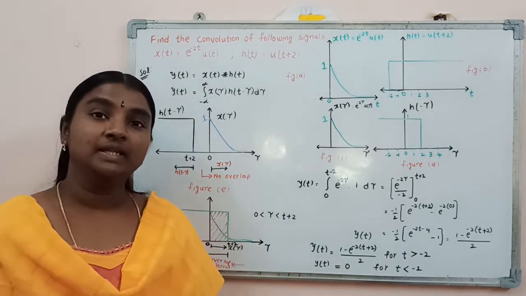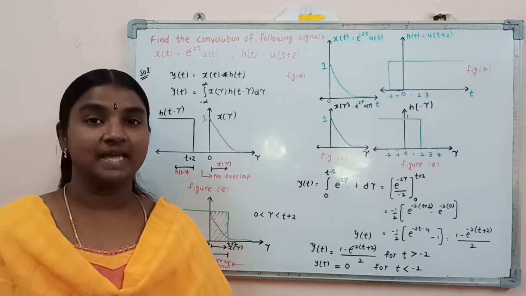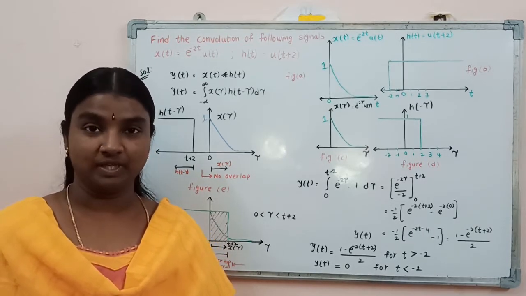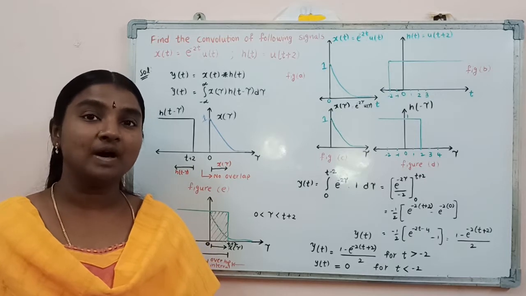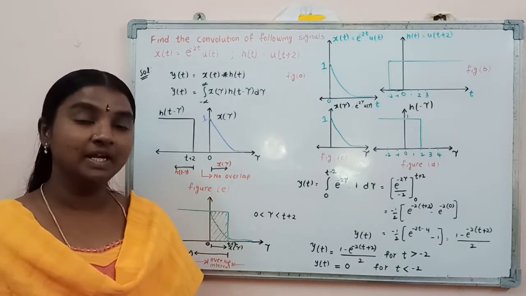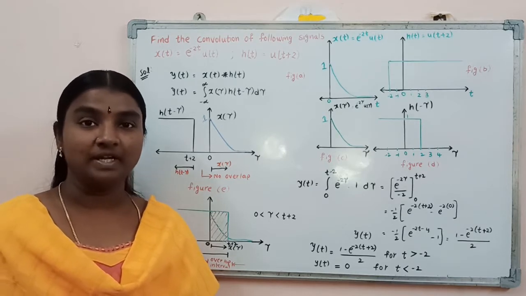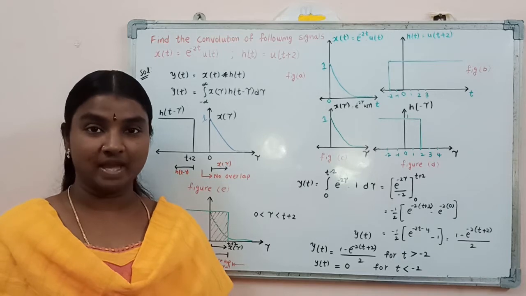Here, they have given two continuous time domain signals, x of t and h of t, and we need to perform graphical convolution on these two signals. By that, we may find the output signal y of t.